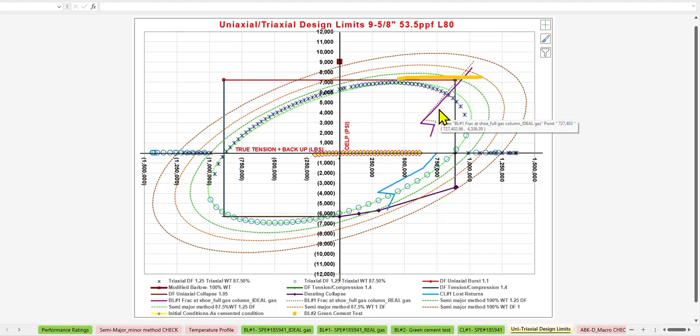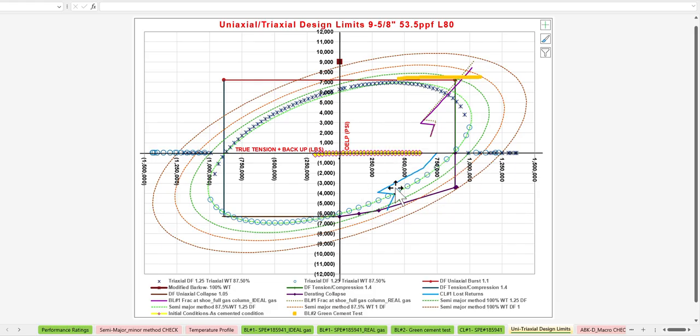But what I want to show is that you can visualize the load cases with different wall thickness and design factor combinations in triaxial, and if you want uniaxial, in a simple spreadsheet format.